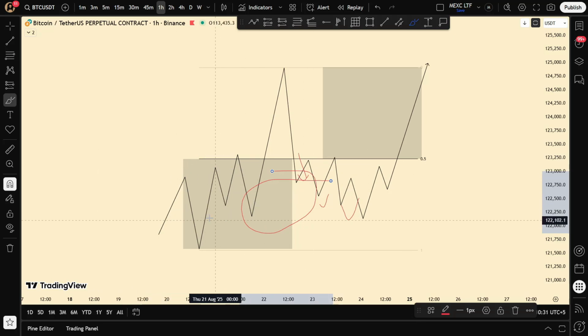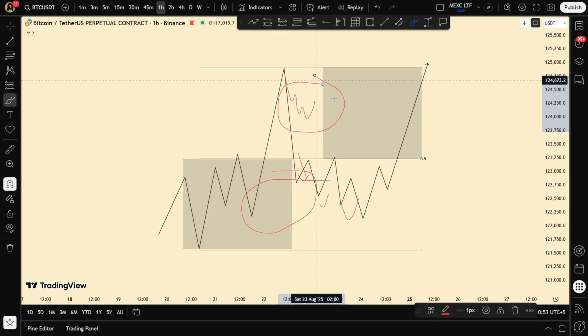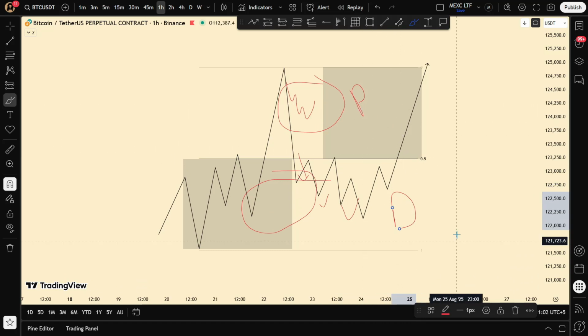More buyers are present, and they will probably take the price higher if the trend has to be resumed. And obviously, the next cycle has to start. And if you are trying to trade retracements, you should be selling in this premium region. This is the premium and this is the discount. Above 0.5 is the premium, and below 0.5 is the discount.